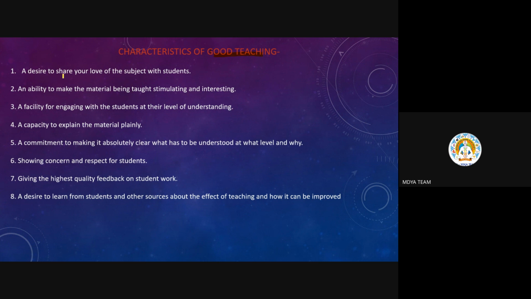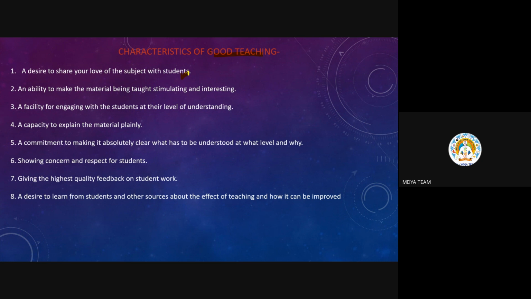A desire to share your love of the subject with the students. Generally, the subject given to a teacher to teach is the subject of his or her expertise, because the things that we like, we do with a very positive mind.